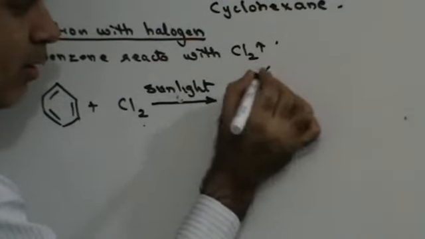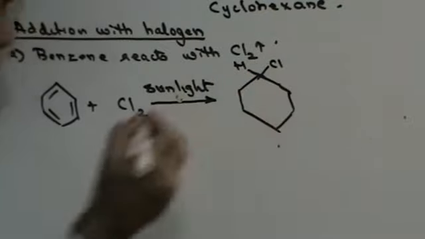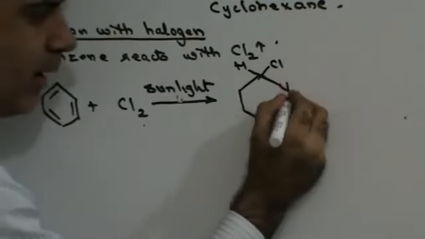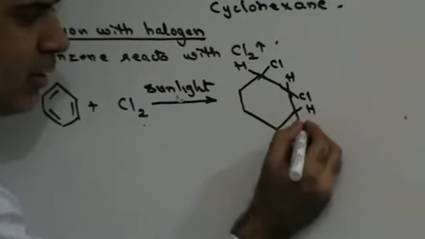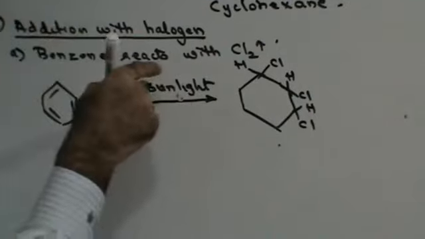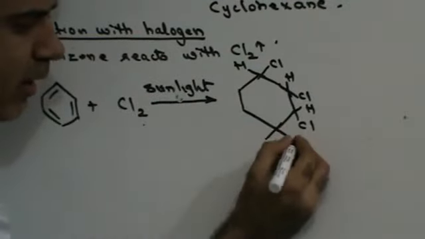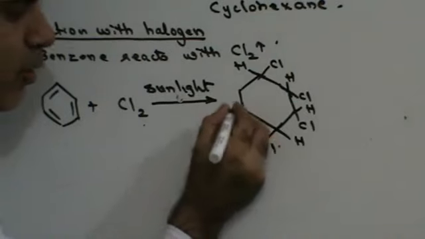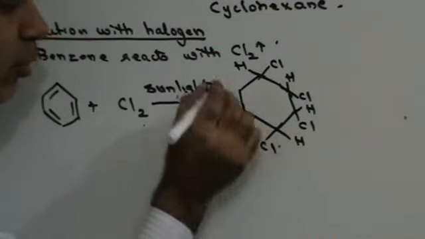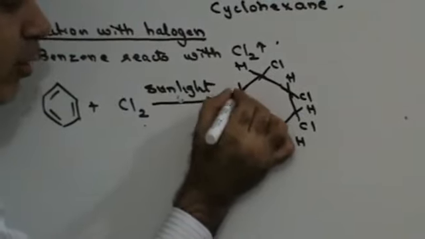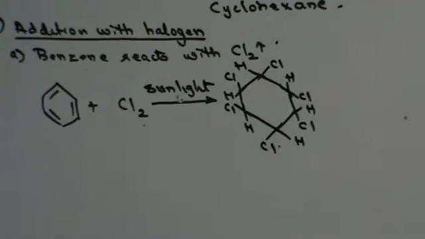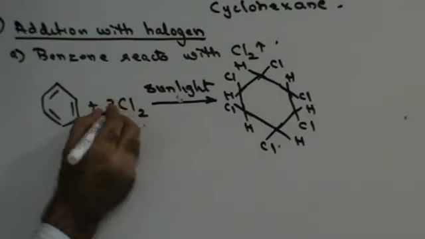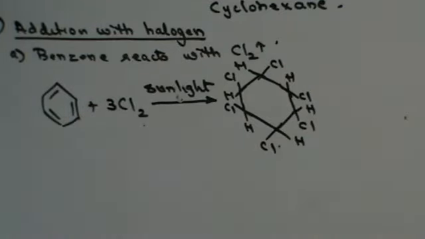One bond will be with hydrogen, one with chlorine, and so on around the ring. This is the compound that would be formed. So the alternate double bonds are used for combining with chlorine. 6 chlorine atoms are used, therefore this is going to be 3Cl2.